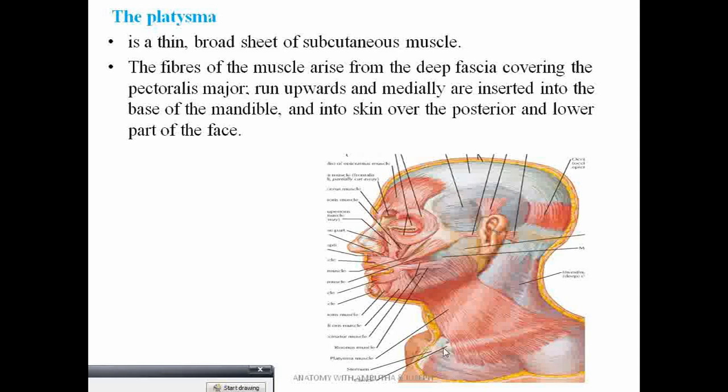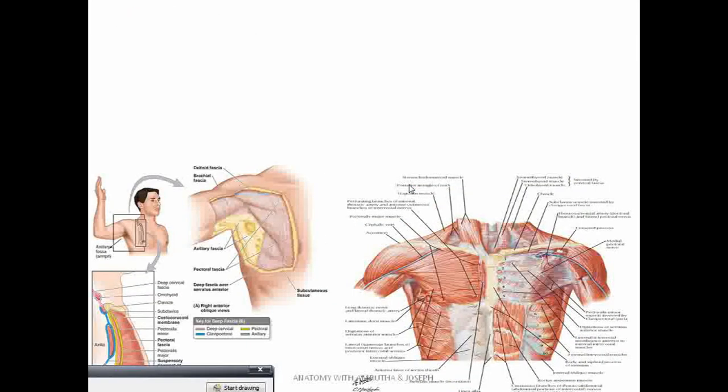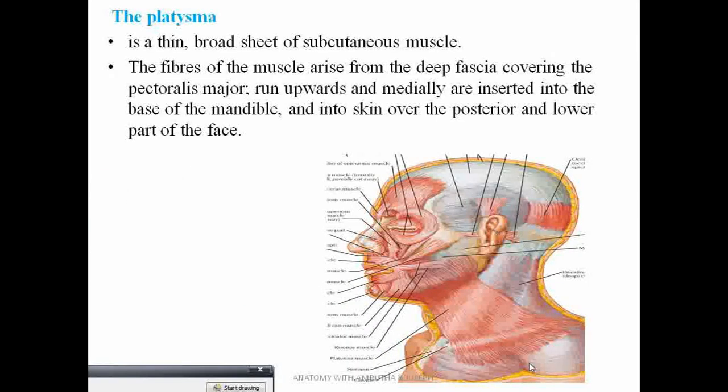This muscle here is the pectoralis major. The fibers run upwards and medially and are inserted into the base of the mandible, this is the base of the mandible, and to the skin over the posterior and lower part of the face. It also arises from the deltoid region as well. This area is the deltoid muscle. So it is arising from that area also.